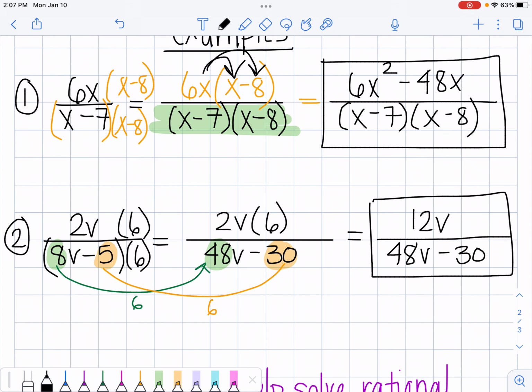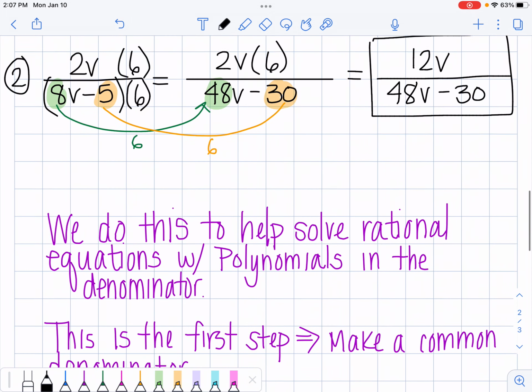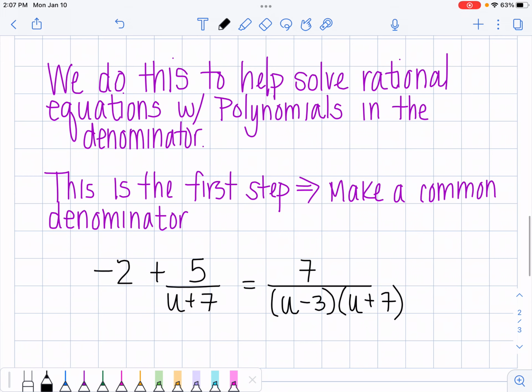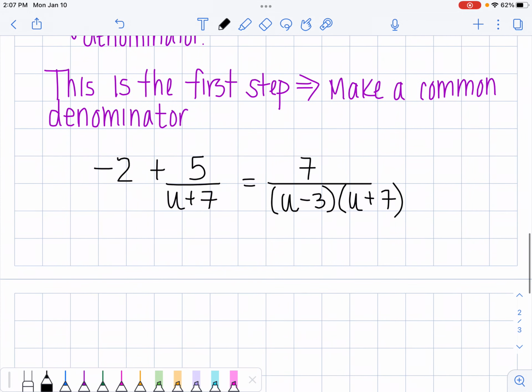So why do I have to know how to do this? We do this process to help us solve equations with polynomials in the denominator. They're called rational equations. The first step when you solve a rational equation is to make a common denominator. I'm not going to solve the whole thing for you, but I want to show you that we want to make a common denominator out of all these terms: 2, 5 over u plus 7, and 7 over u minus 3 times u plus 7.